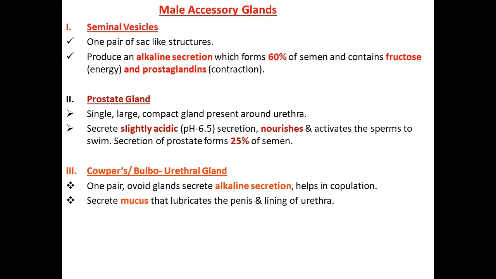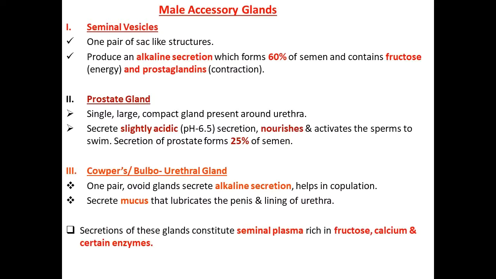The secretion of these 3 glands is called seminal plasma. A very important term. What is seminal plasma? Seminal plasma is the secretion of these three glands only, which is rich in fructose, calcium and certain enzymes.